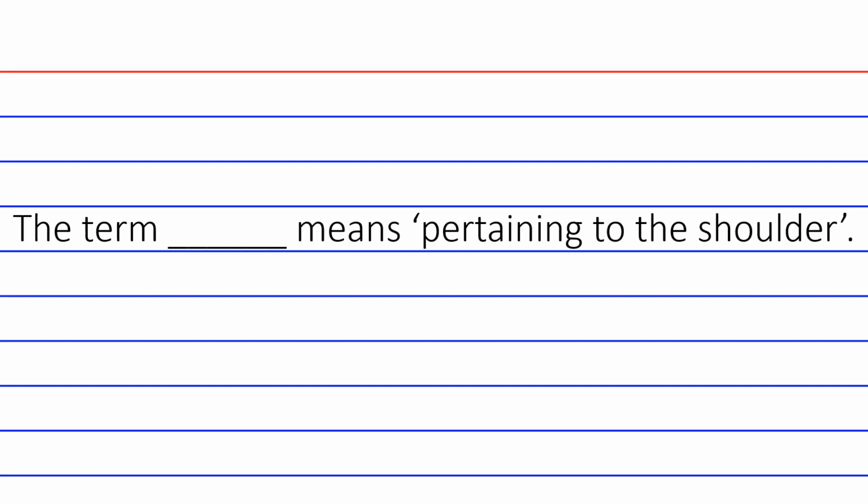This term means pertaining to the shoulder. That is your acromial region, right? The acromion comes off your scapula. That is your acromial region.